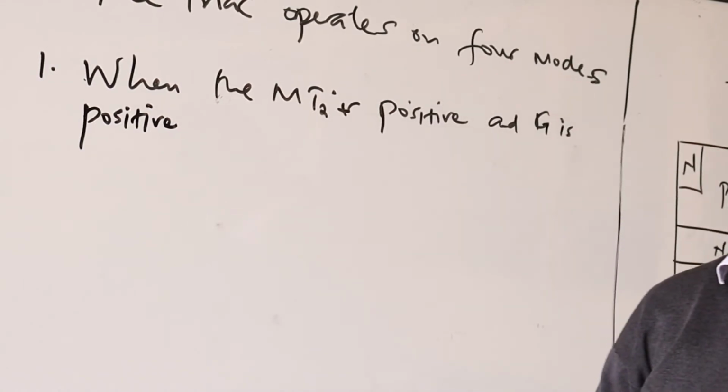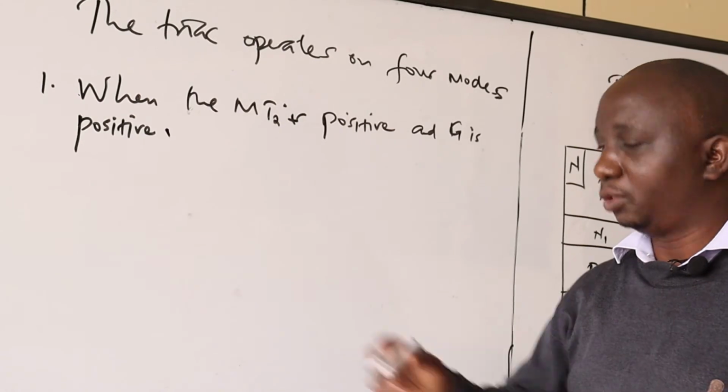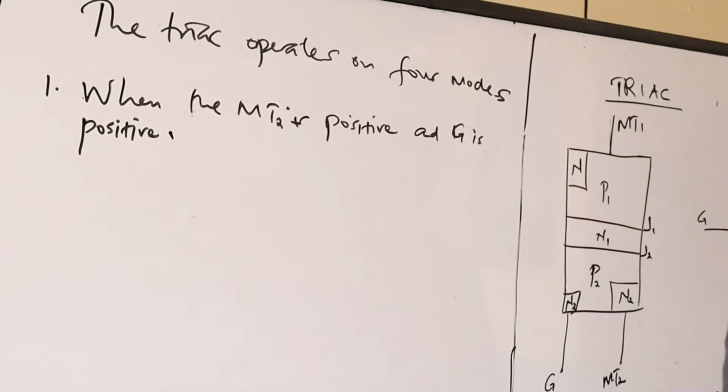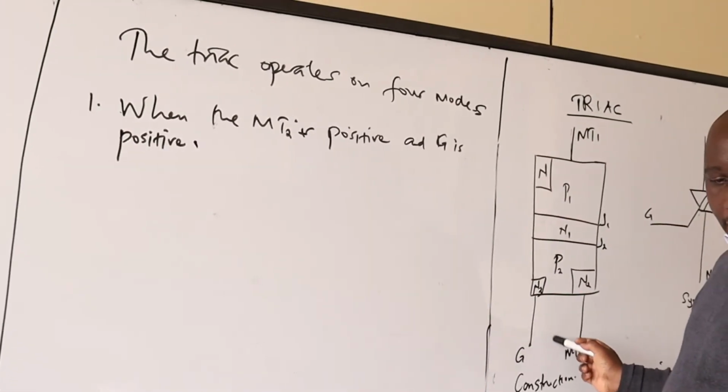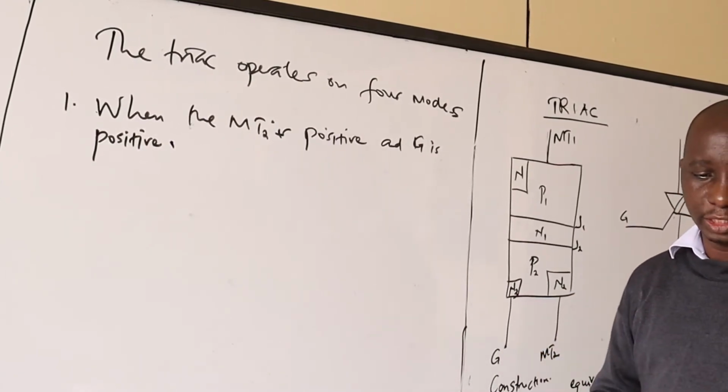So we should have the figure, the picture, of whatever we're talking about. When MT2 is positive and G is also positive, then what should we expect?